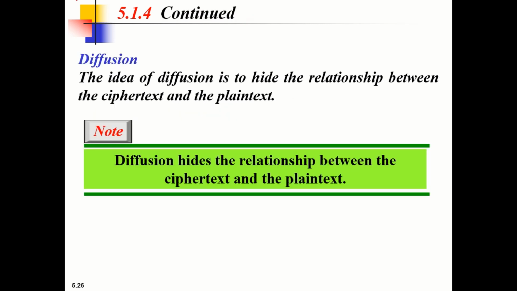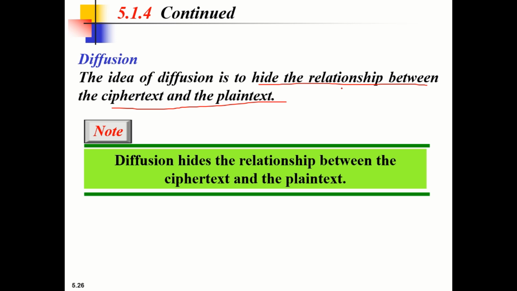First comes diffusion. The idea of diffusion and confusion was given by Shannon, who also gave the idea of S-boxes and P-boxes. The idea of diffusion says that we need to hide the relationship between the cipher text and the plain text.